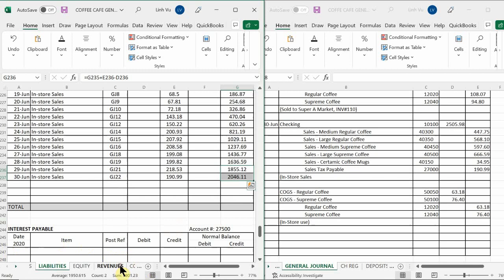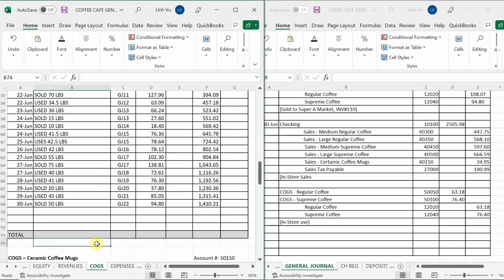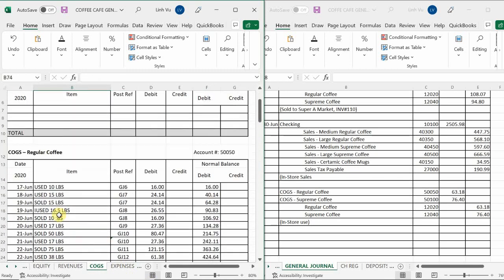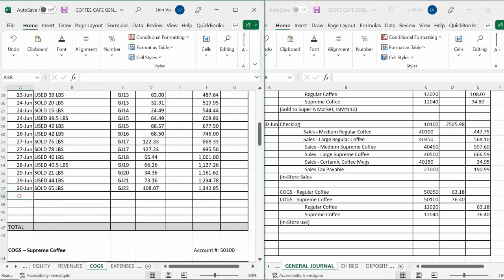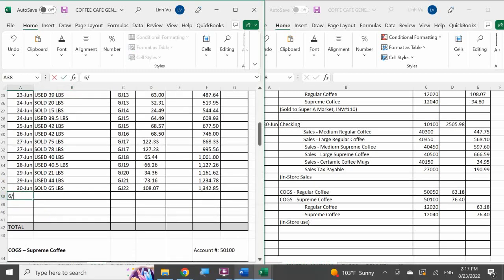Starting with our cost of goods sold, use the 38 pounds on page 22 for $63.18.